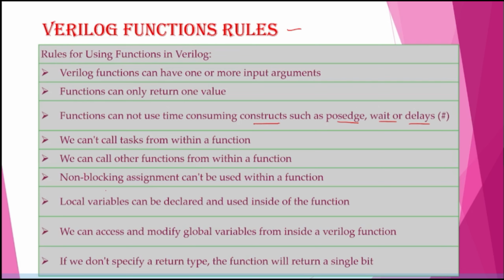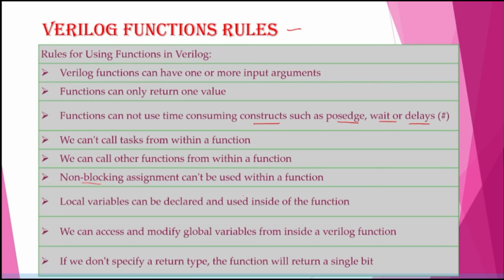Non-blocking assignments can't be used within a function. This is also one more thing. We can use blocking statements, but we can't use non-blocking statements within a function. Why? Because in non-blocking statements the execution is not done immediately, is it or not? Even when the RHS is completed, it won't be assigned to the LHS immediately.